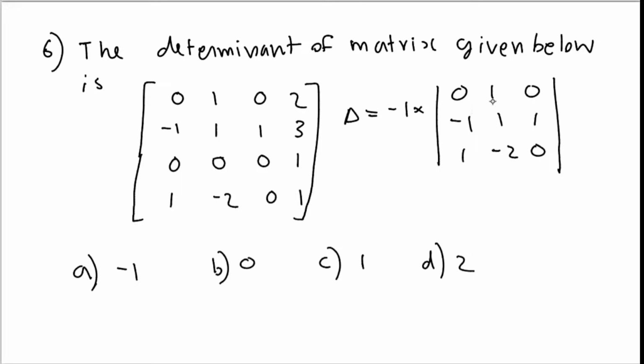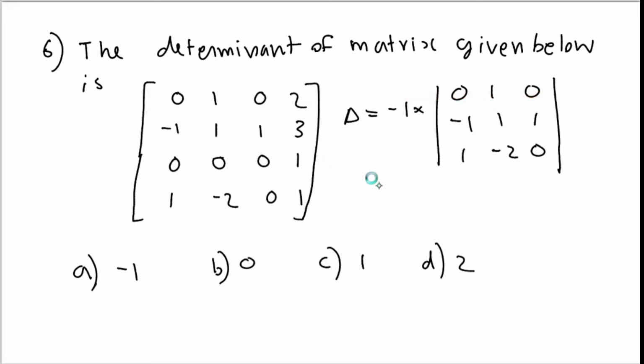So here also, when we observe this row, we have only this element as a non-zero element. So we can take the determinant along this row.